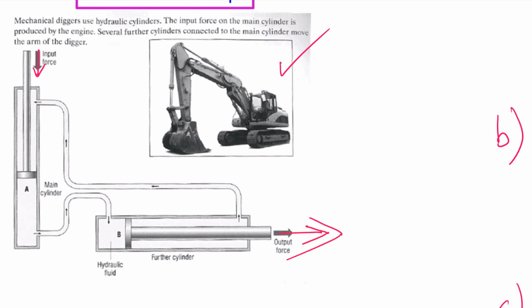Why is that? Well, the surface area here is smaller than this larger piston surface area here. So you're going to get another force multiplier. The pressure will stay the same because liquids are virtually incompressible, but the force will increase, as I'm going to show you now.